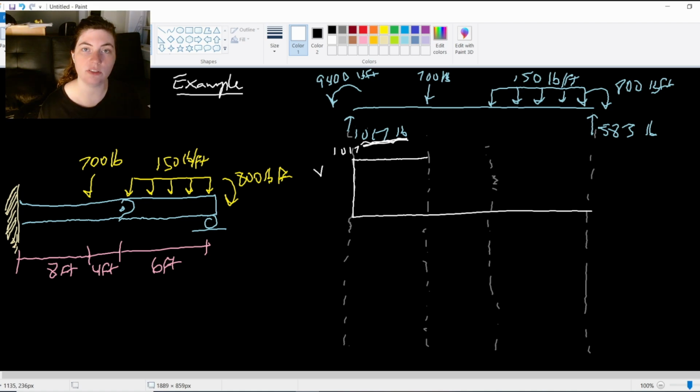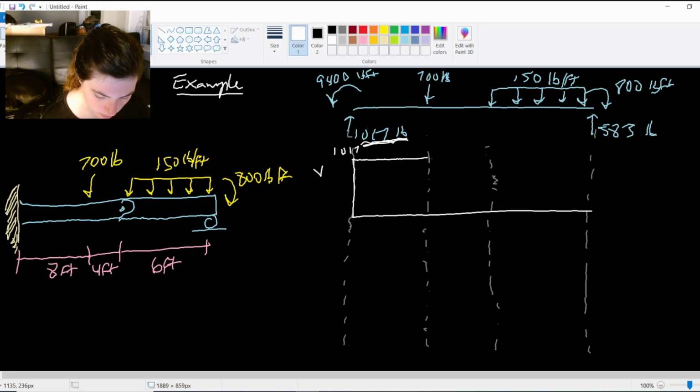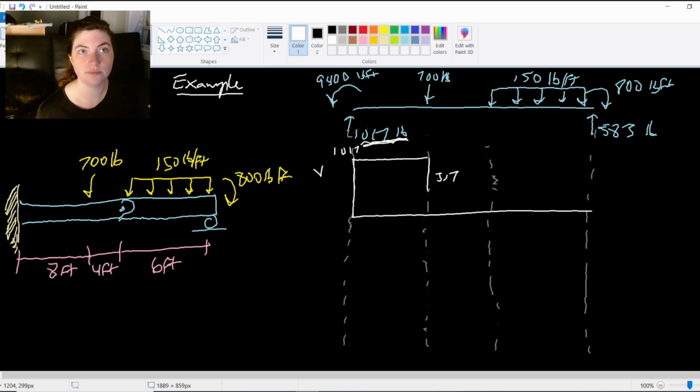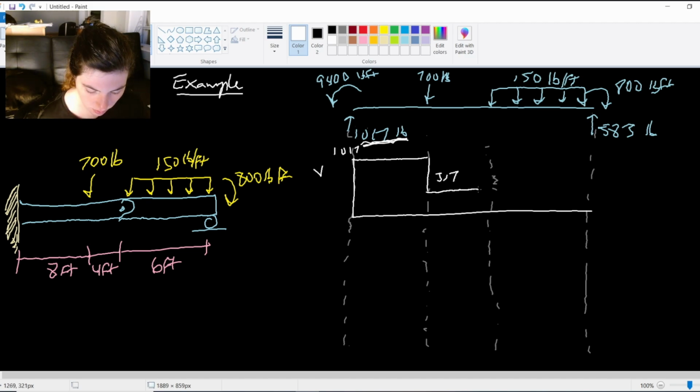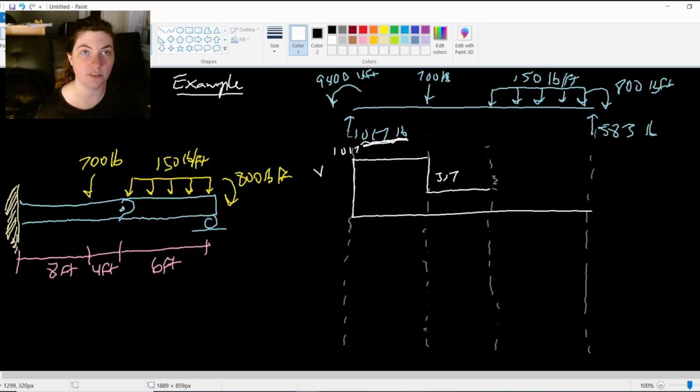Then that 700 pound applied force immediately knocks it down 700. So we go down from 1017, minus 700 gives us 317. Now we're hanging out at 317, and we just go straight across. There's no other load.